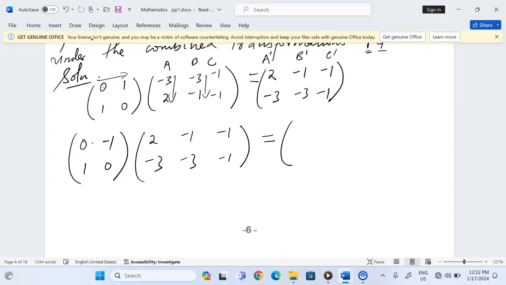When we take 0 by 2 and -1 by -3, we'll get 0 plus 3. It becomes 3. Then 0 by -1 and -1 by -3, so we get +3. Then again 0 by -1 and -1 by -1, which becomes +1.